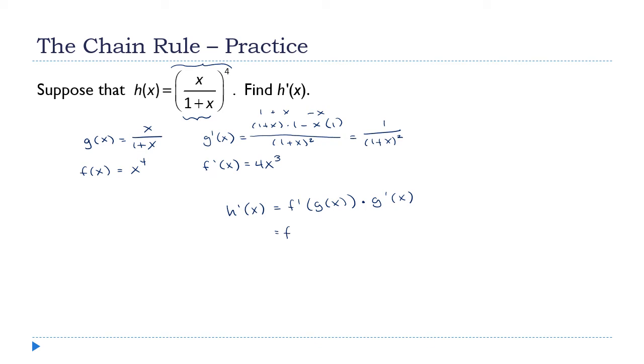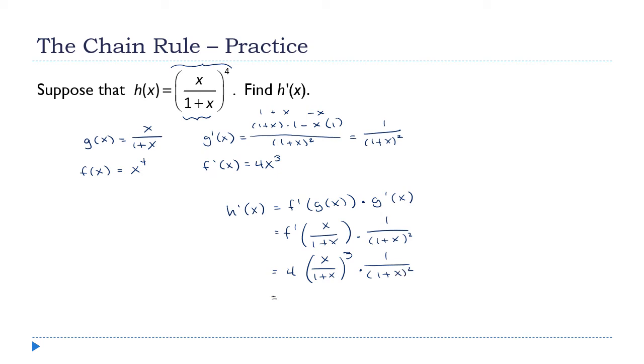That's f prime of x over 1 plus x, that's g, times g prime, which is 1 over (1 plus x) squared. If I take x over 1 plus x and put that into f prime, that's 4x over 1 plus x to the third, times 1 over (1 plus x) squared.